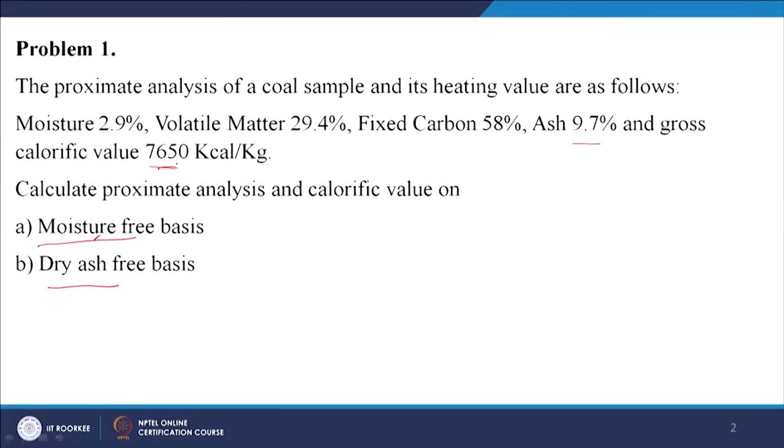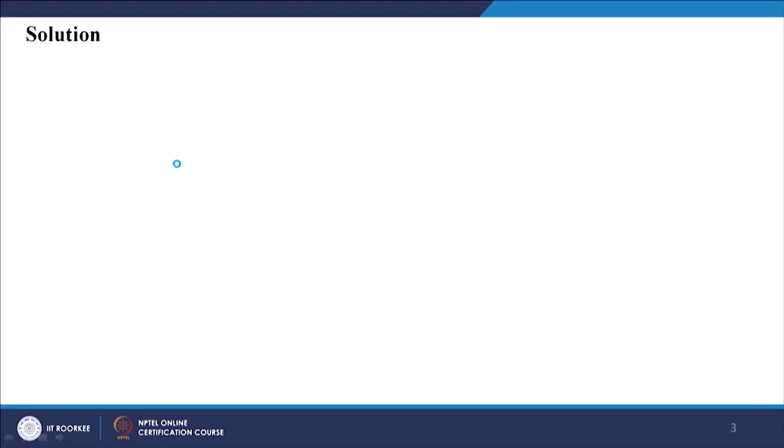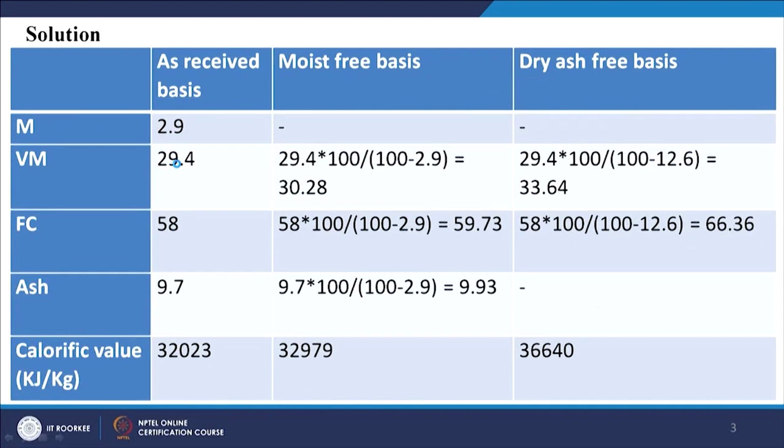So, you have to convert it to moisture free basis and dry ash free basis, and accordingly the calorific value also you have to convert. So, let us see, we have different compositions, moisture, volatile matter, fixed carbon, ash and calorific value as received basis. It is given in the statement.